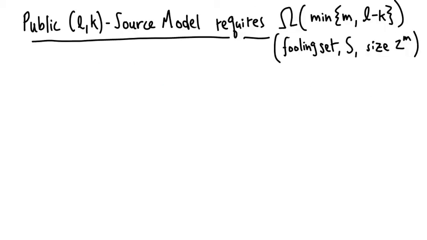So now I'll sketch how these ingredients yield a lower bound in the public source model.